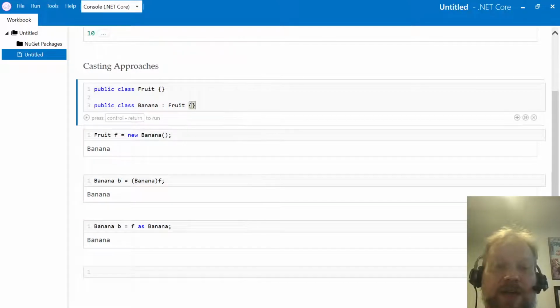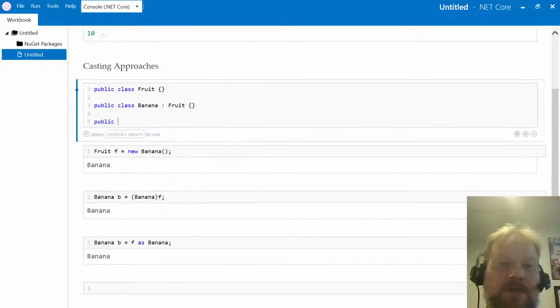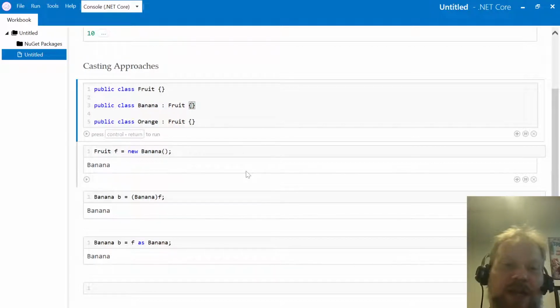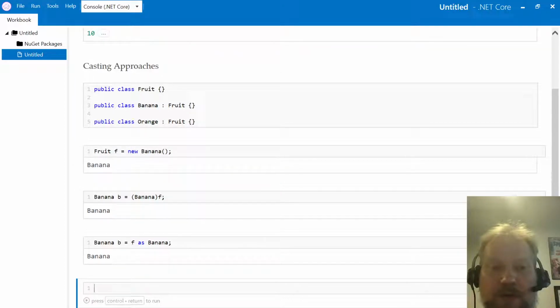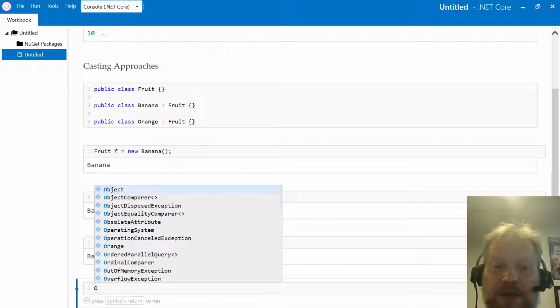But if I add another kind of fruit, an orange, so now I have banana and orange, and I were to try to treat this f variable, which we know is a banana, as an orange, that's where things are going to go a little south on us.